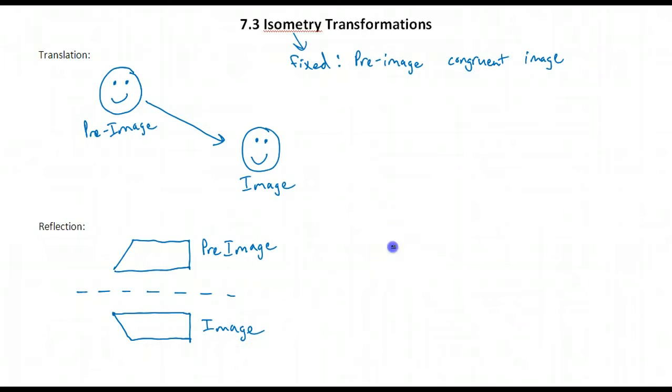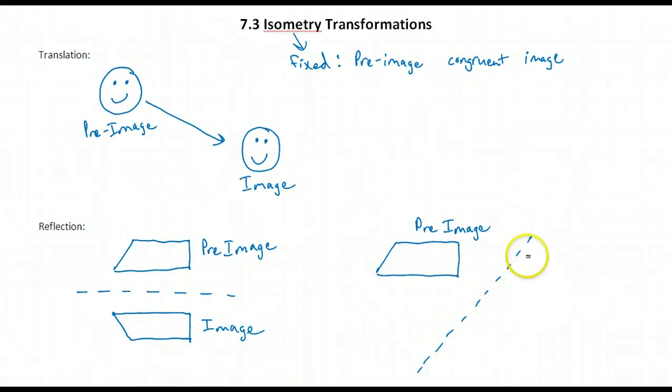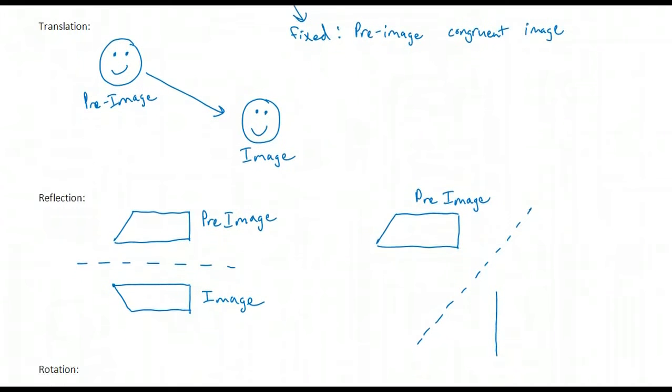Now be careful. A reflection can look like a rotation depending on the line of reflection. If I have a line of reflection that looks like this, when I flip this pre-image over the line of reflection, I end up with an image that looks like this.